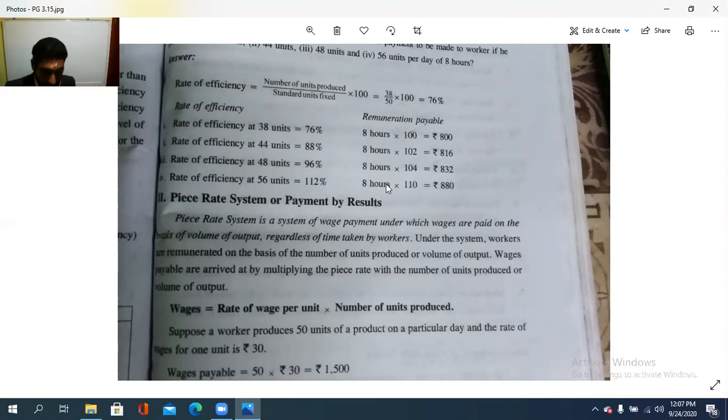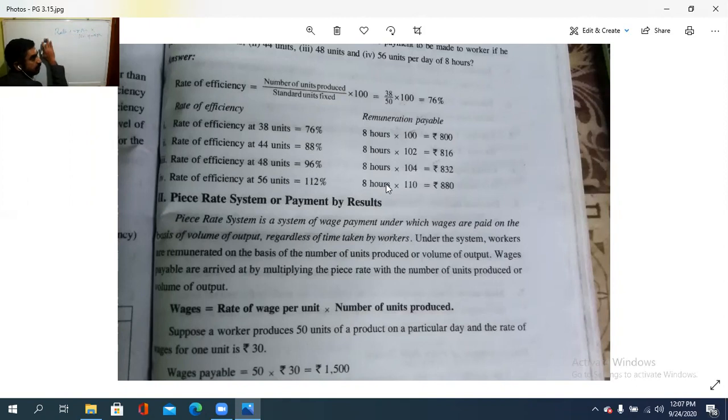Therefore, wages is equal to the rate of wage per unit multiplied by the number of units produced. In the previous case, the rate was multiplied with the hours taken for each job.